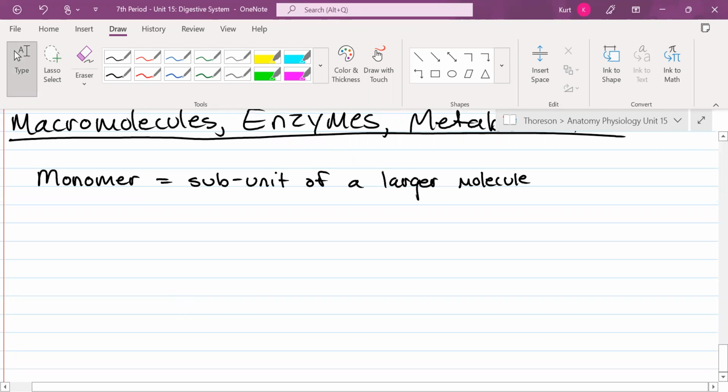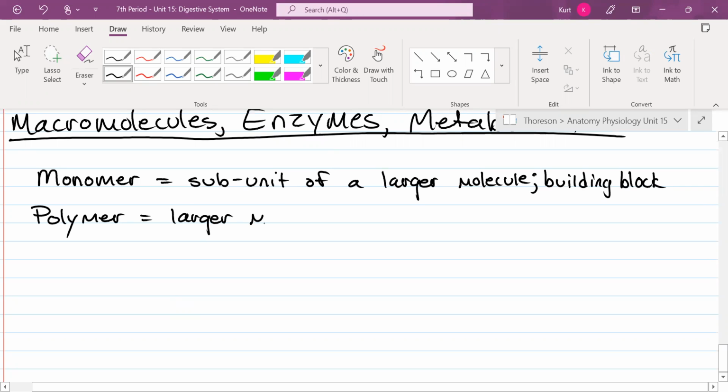It's a building block. And a polymer is a larger molecule composed of monomers.